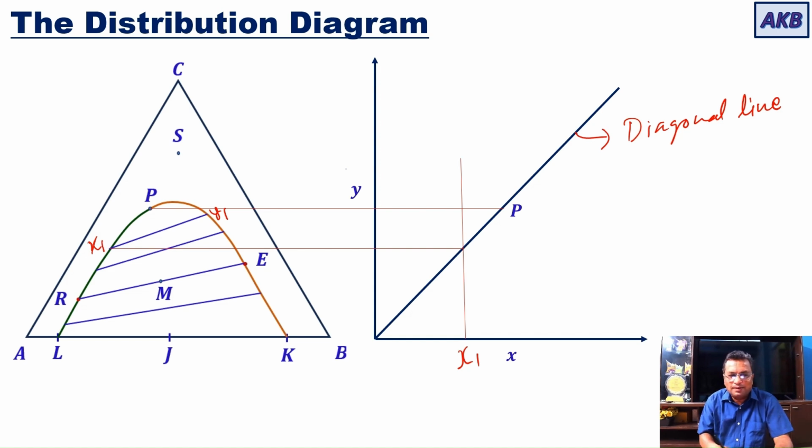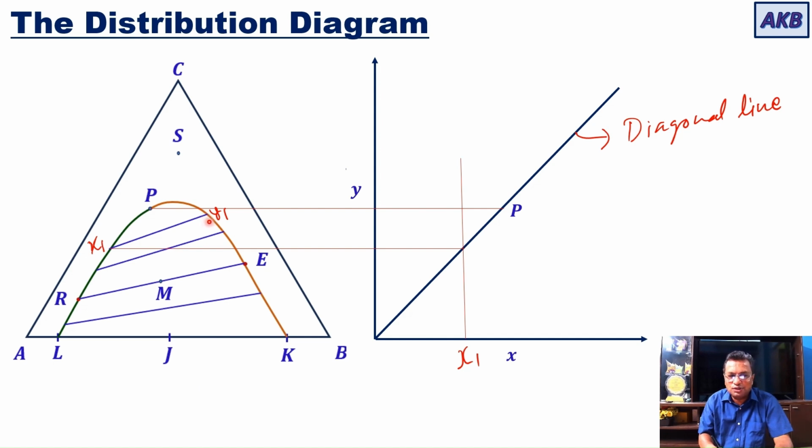So now the X1, which is on the binodal solubility curve in this diagram, now I have got it on the distribution diagram. Next, I will get Y1.